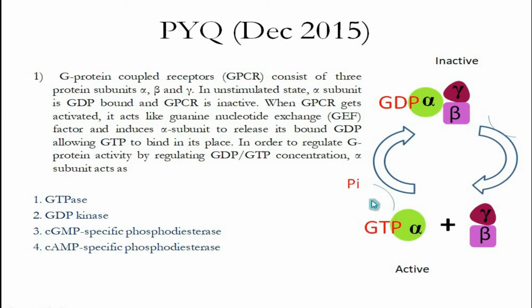This results in a conformation change, causing a decrease in the affinity for the enzyme and an increase in the affinity for the beta and gamma subunits. Thus, following the hydrolysis of GTP, the G alpha subunit dissociates from the enzyme and reassociates with the gamma and beta subunits to reform the inactive heterotrimeric G protein. So the answer is GTPase.